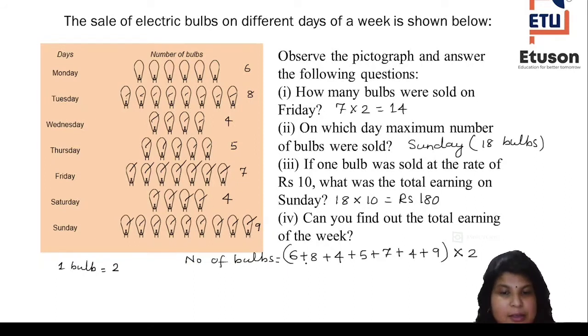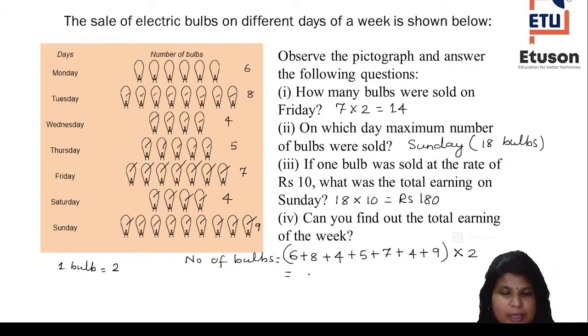So just find out the answer to it. So 6 plus 8 is 14 plus 4 is 18 plus 5 is 23 plus 7 is 30 plus 4 is 34 plus 9 is 43.